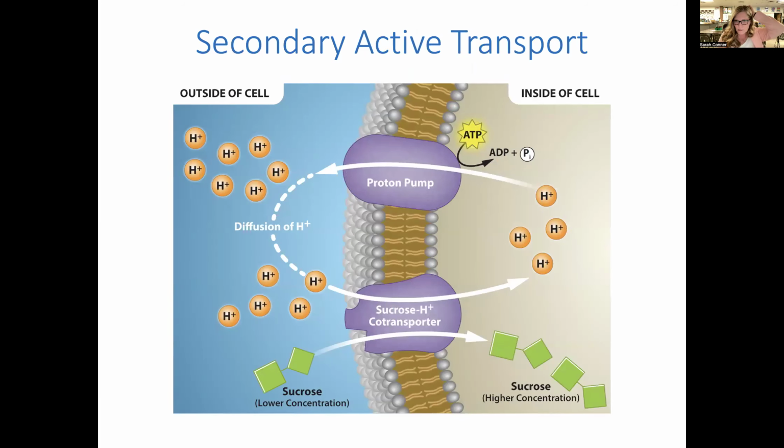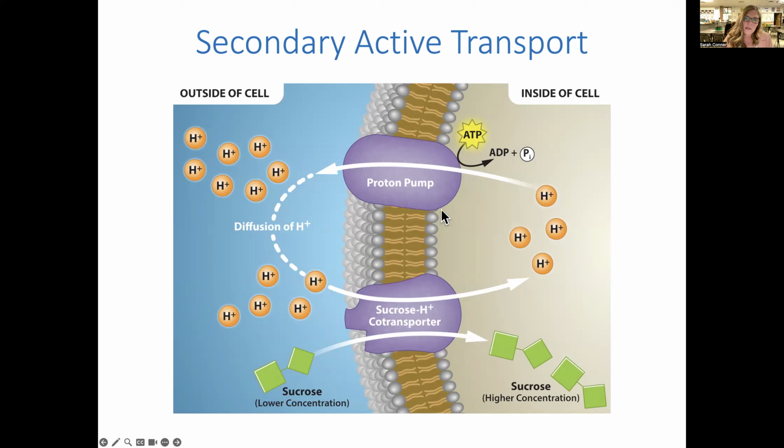Secondary active transport is when we have two pumps, usually a co-transport. Basically ions are transported out of the cell and it causes an electrochemical gradient that builds up energy. Then the solute on the opposite side is sent through from a low concentration to a higher concentration. So there are our little protons moving across and creating that electrochemical gradient.